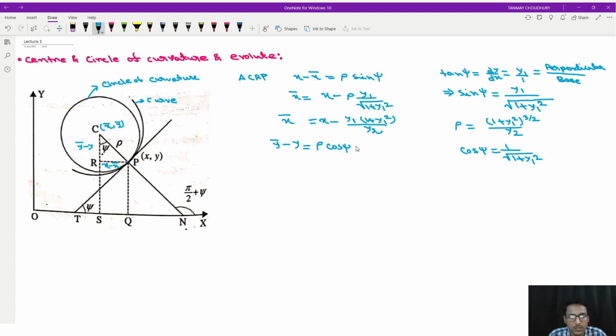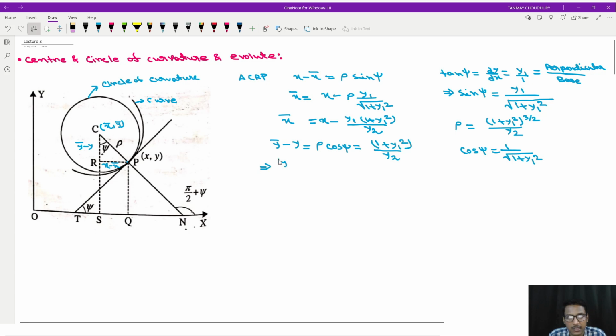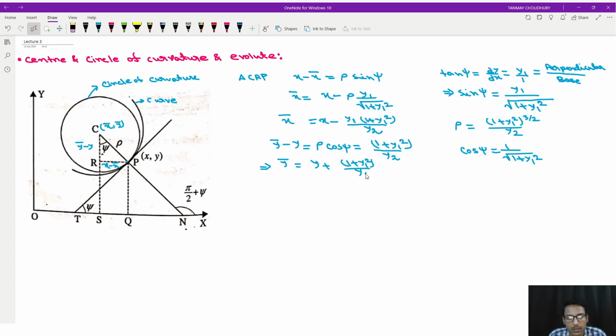So this finally turns out to be 1 plus y dash square divided by y2. That means y bar is y plus 1 plus y dash square divided by y2.